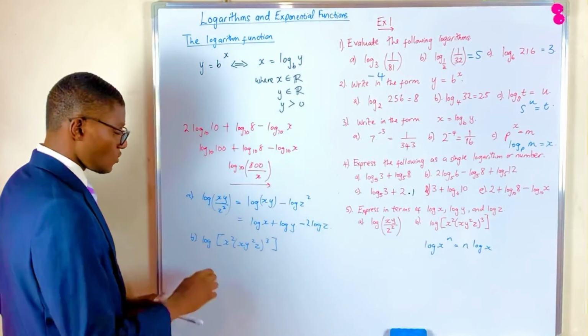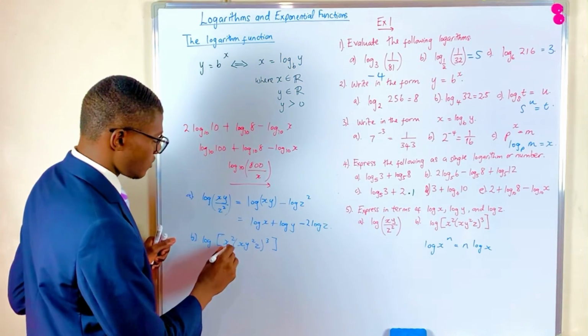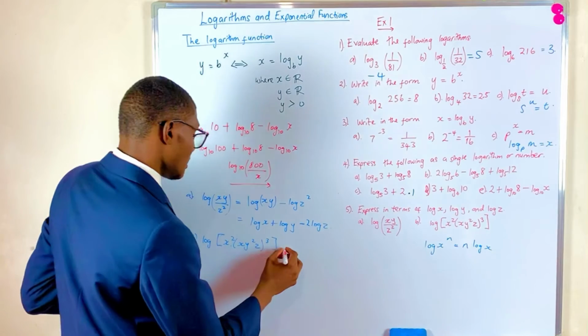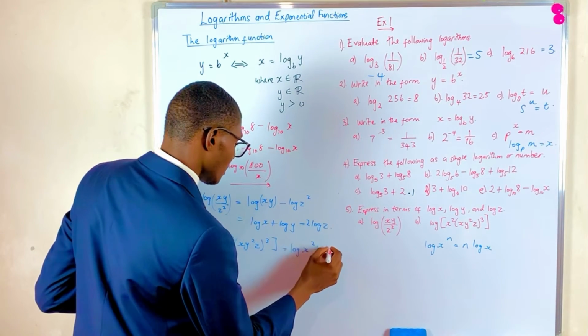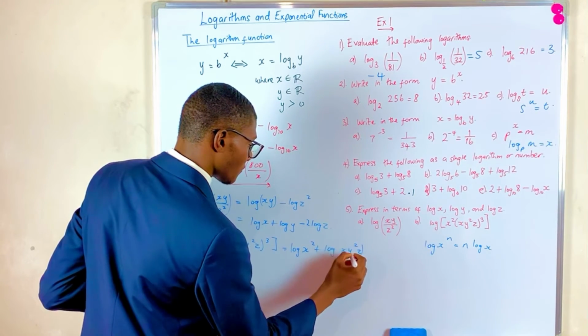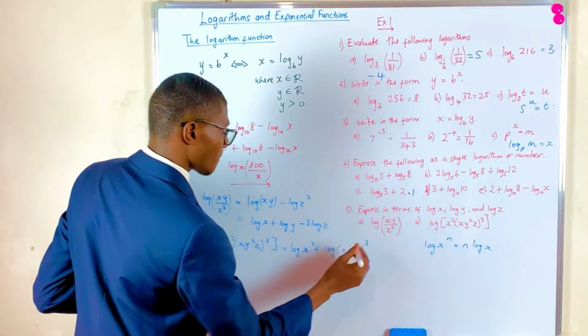So we can say this multiplication of x squared times xy squared z raised to the power of 3, such that we've got log of x squared plus log of xy squared z raised to the power of 3, like this, right?